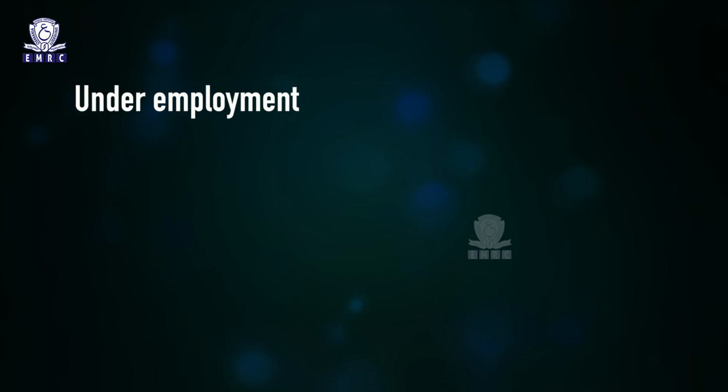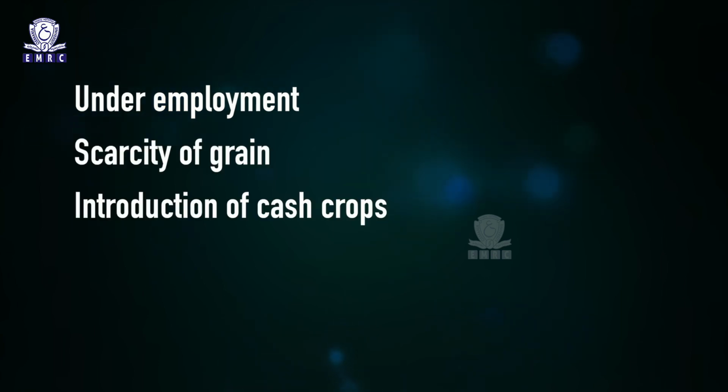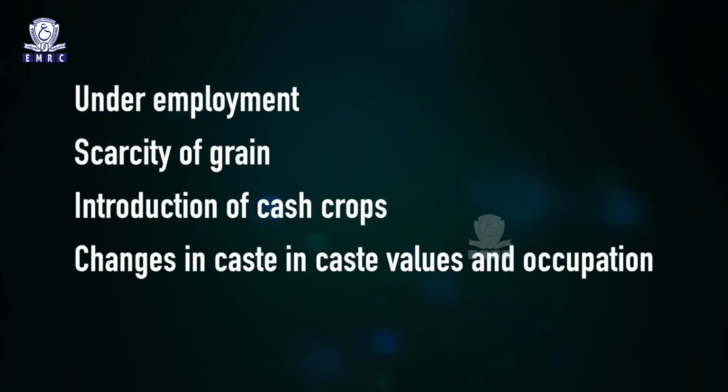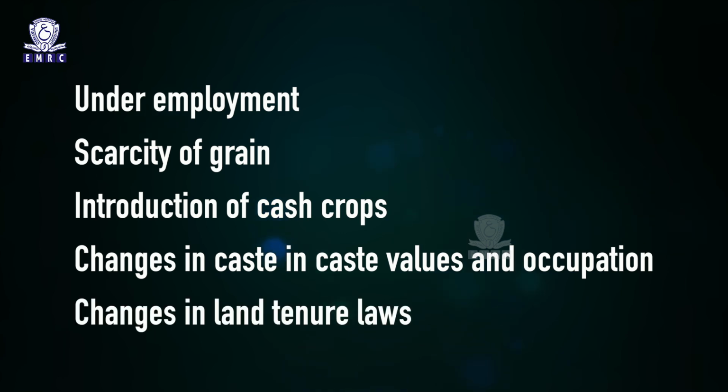The preference for cash payments is on the increase and the mutual exchange of services between occupational castes is gradually breaking down. Several village studies conducted in this area point out the breakdown of the local economic system, the complex series of conflicts resulting from population pressure such as disproportion of Jajmans to Kamins in some areas, underemployment, scarcity of grain, introduction of cash crops, changes in caste values and occupation, changes in land tenure laws, etc. as factors responsible for the disintegration of the system.